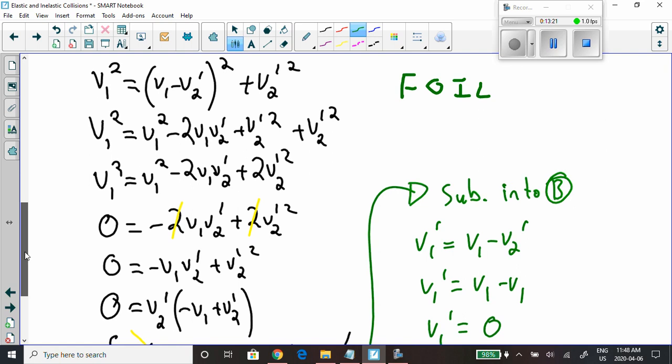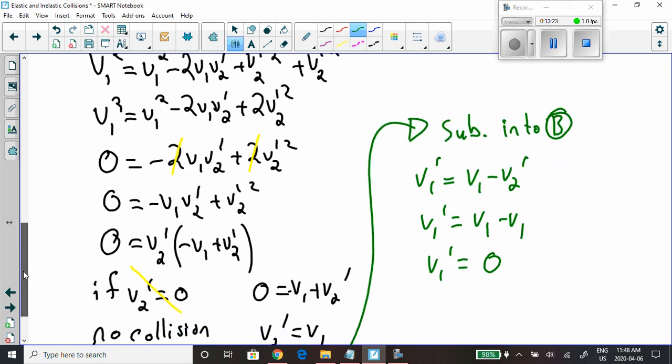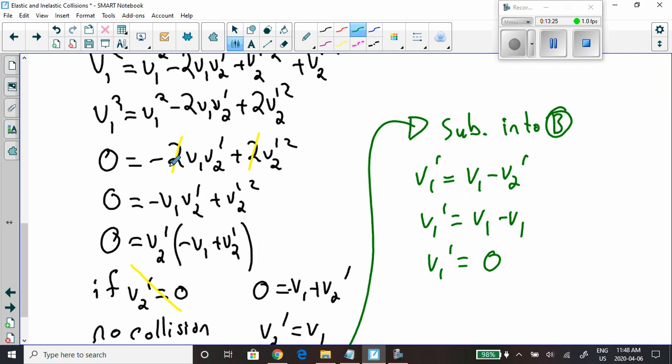And lucky for us, we can divide through by 2, and the 2's are gone. We divide the whole equation by 2, and we're left with this expression right here: negative v1 times v2 prime plus v2 prime squared.